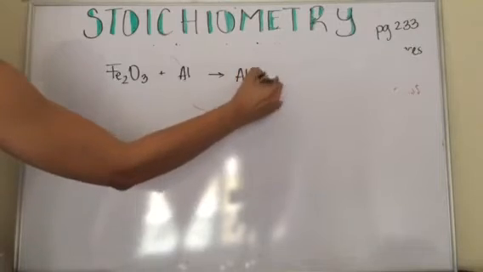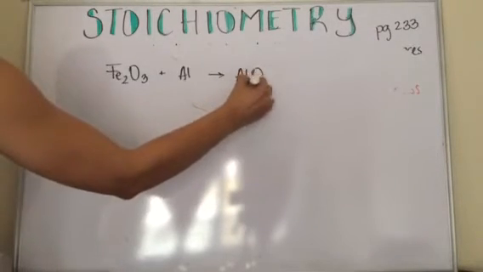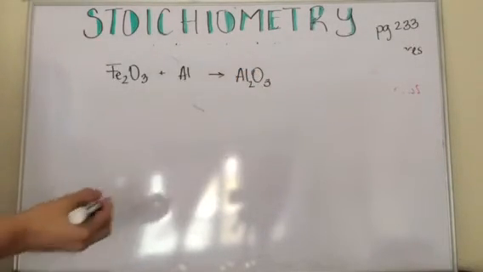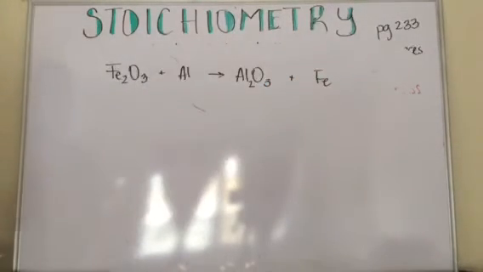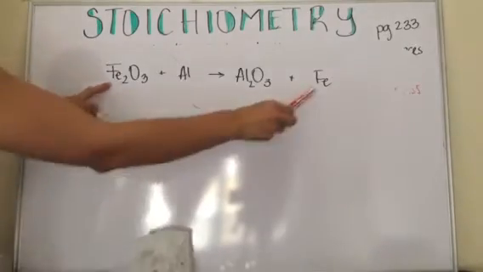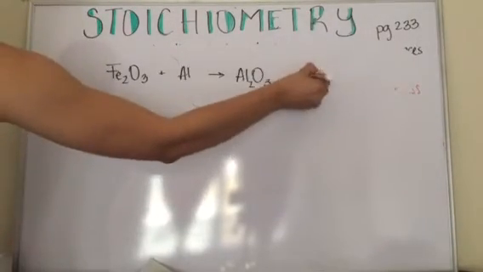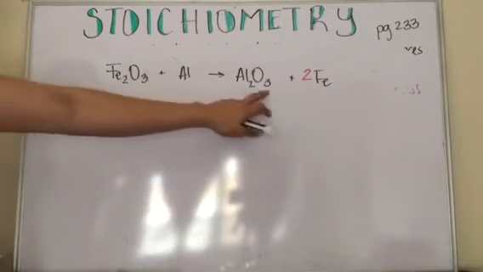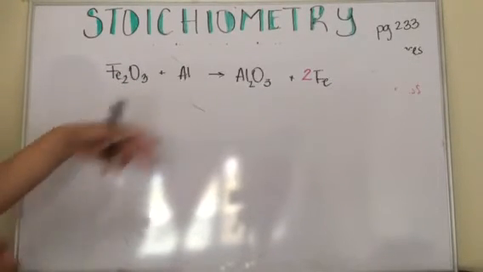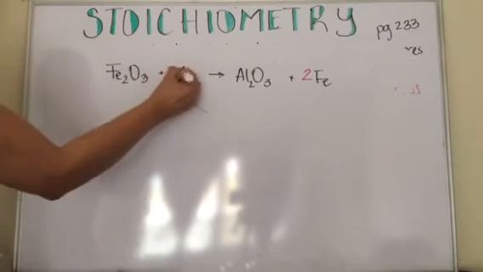Aluminum oxide plus iron. All right, let's balance. I have 2 irons, I have 1 iron, I'm going to put a 2 here, 2 irons and 2 irons. 3 oxygens, 3 oxygens, 2 aluminums, 1 aluminum, I just put a 2 here.